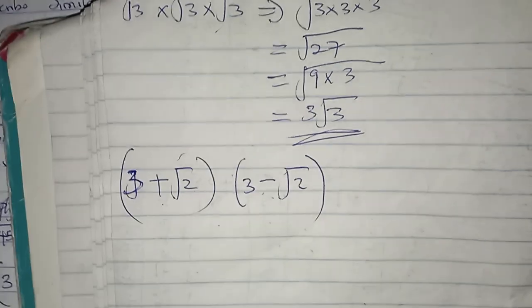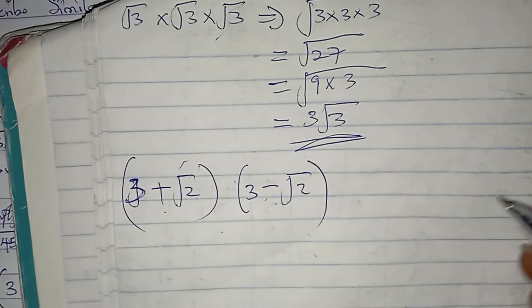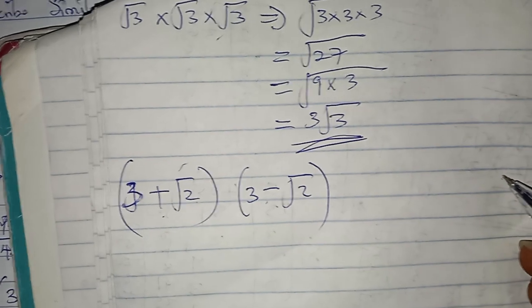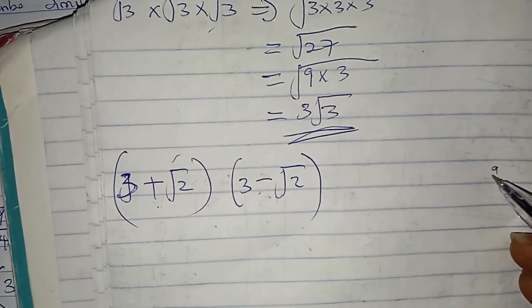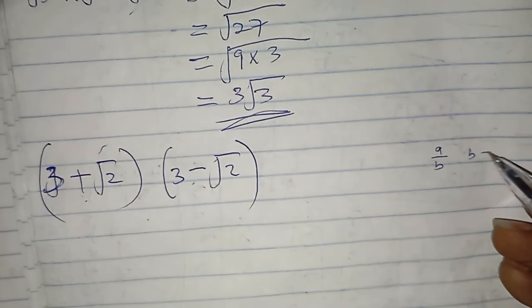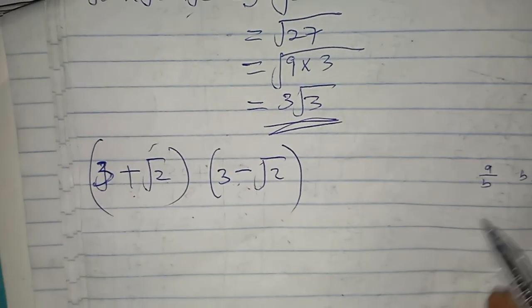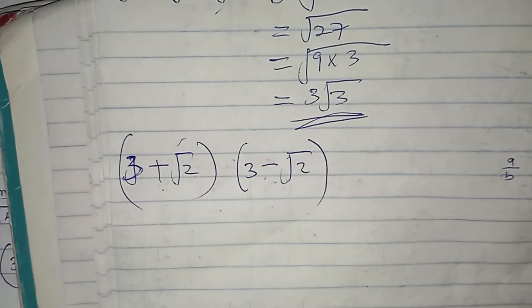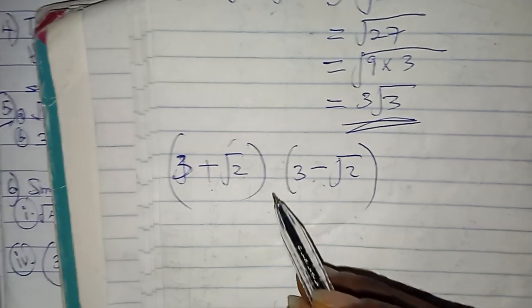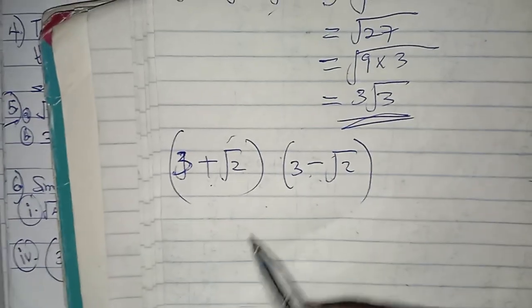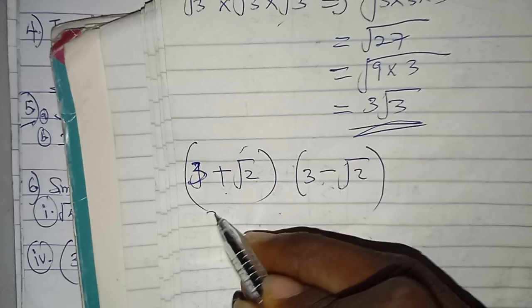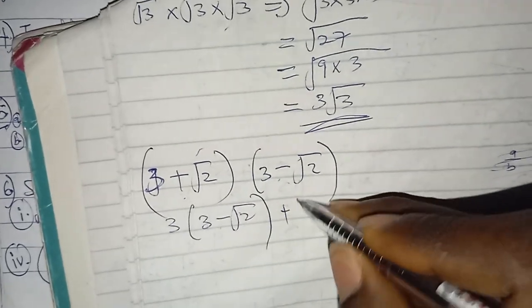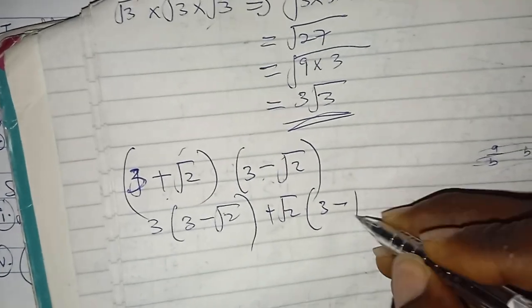And you know that a rational number is one that gives you a terminating or recurring decimal. Or we say that rational numbers are simply numbers that are ratios of integers. That is, numbers that have a numerator and denominator, whose denominator cannot be equal to 0. So whatever we get from here will no longer be an irrational number. See what I mean? This will come and do 3 into 3 minus root 2. Then plus root 2 into 3 minus root 2.